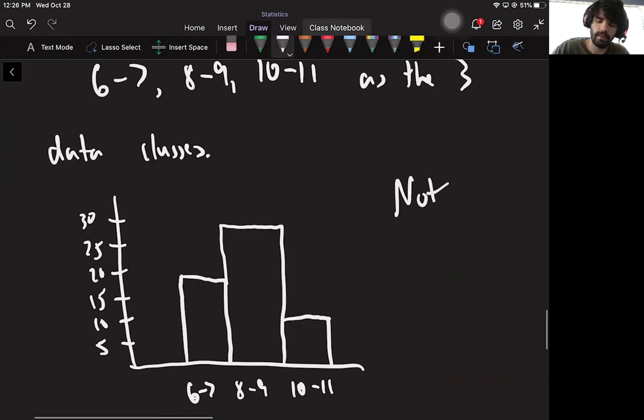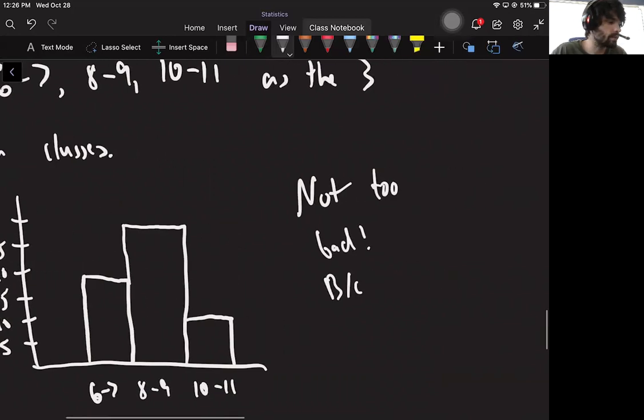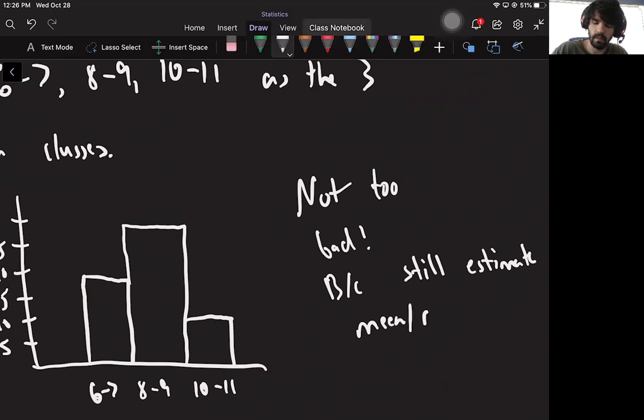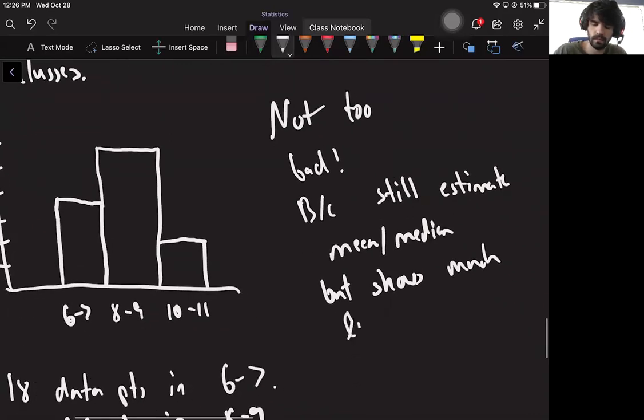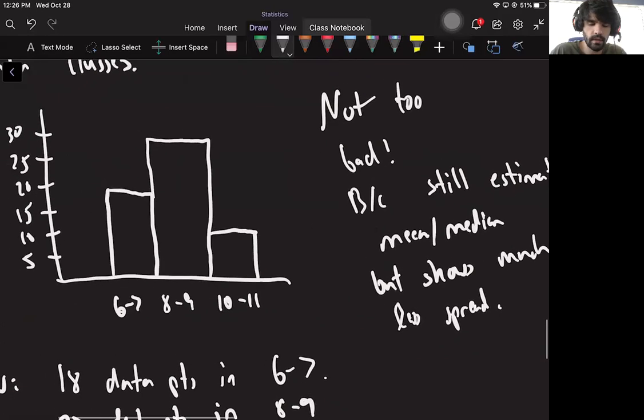It's not as good as the other one, but it's not too bad because you can still tell what the center is. You can still use it to estimate the median or the mean, but it shows much less spread than there actually is. It's also more lopsided than the other one was.